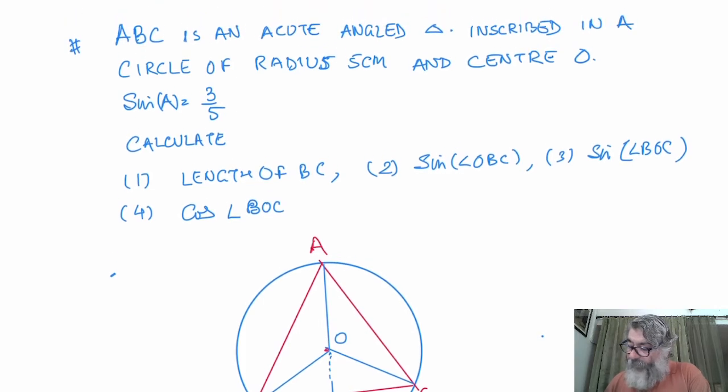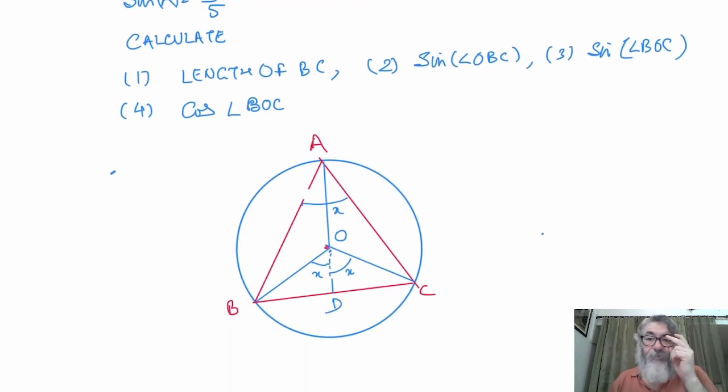Now if this angle is X, this angle will also be X. We have read in the theorems of circles that the angle subtended by an arc at the center is double the angle subtended at the remaining part of the circumference.